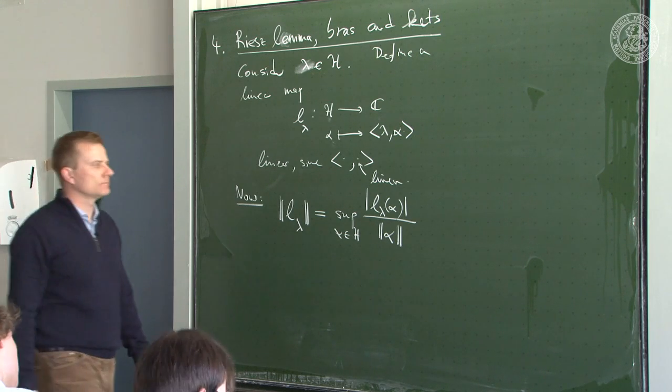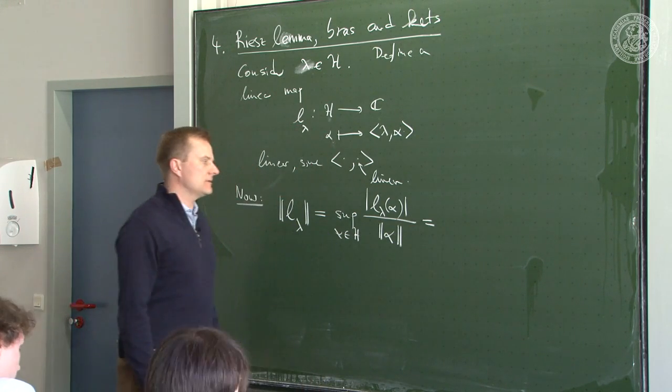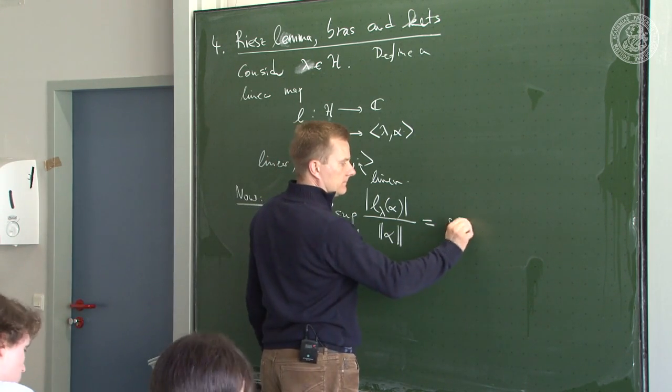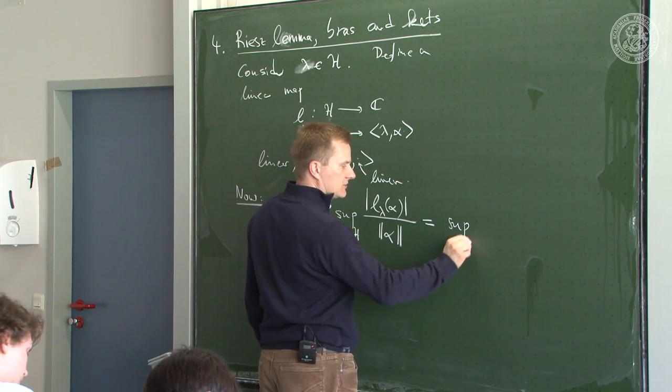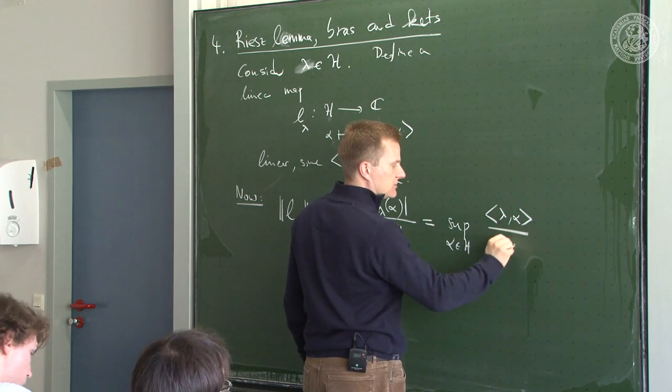Right? Now this is the sup over alpha in H of lambda comma alpha. Of course, that's what we just defined.